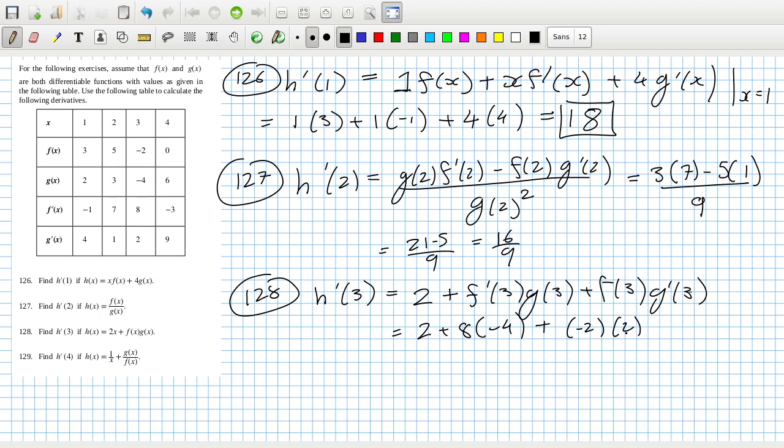So let me see. That is 2 minus 32 minus 4. That's 2 minus 36. That's minus 34.